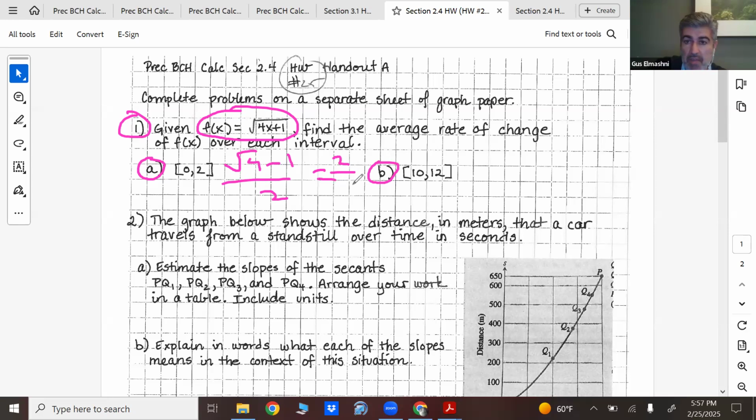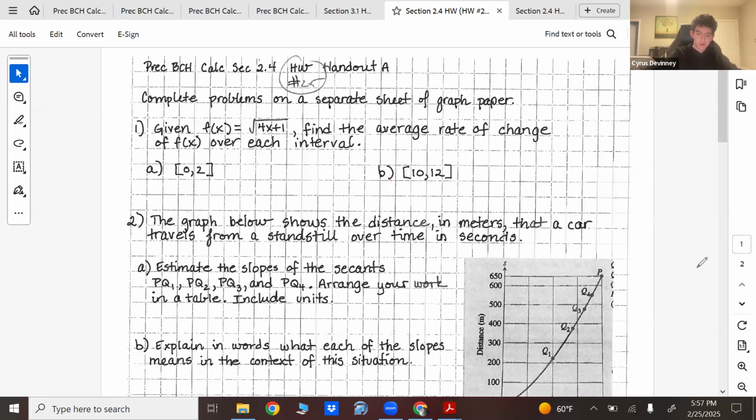Good, that's good. You got it. All right. How about you try part B? Part B, I got the square root of 41 minus the square root of 49, and then all over 2 as well.